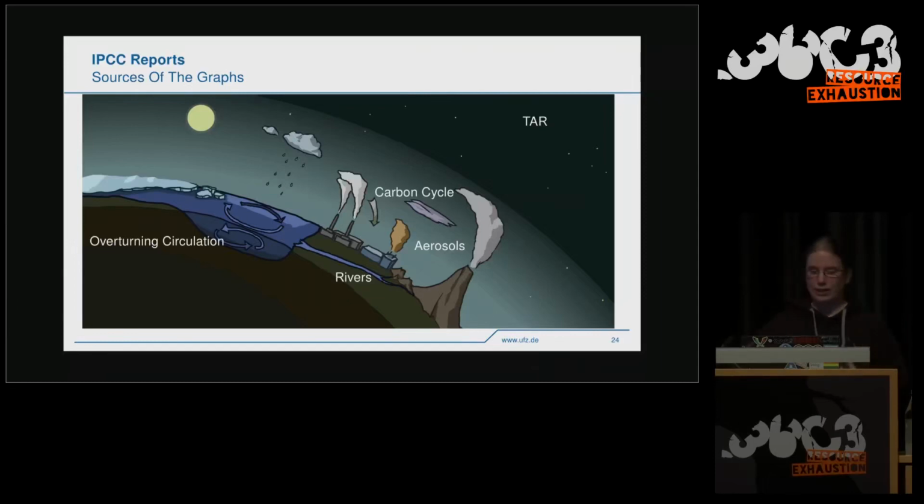And in the third assessment report, there was another circulation added for the ocean, the overturning circulations, and there were rivers added, which is interesting because I do something with rivers, and there were aerosols added and a carbon cycle, meaning that the carbon that goes into the atmosphere also goes out, but yeah, not everything, or the half time is not so good.